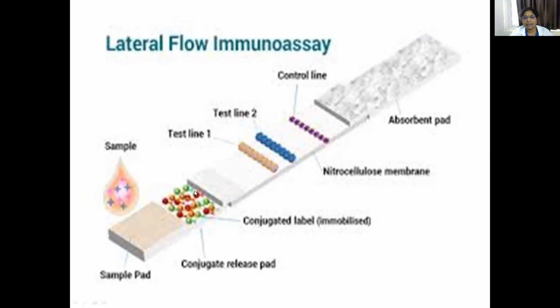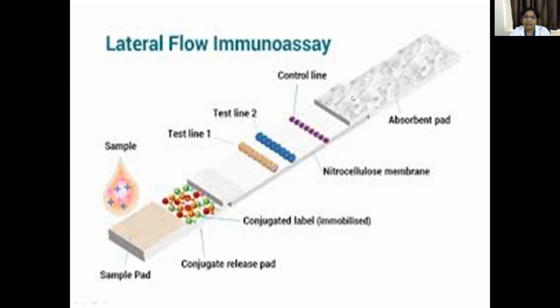And what will happen in the control line? This colloid antibody is there, no? The gold colloid conjugated antibody will combine with the internal control antibody present in the control line, and they form a colored band.